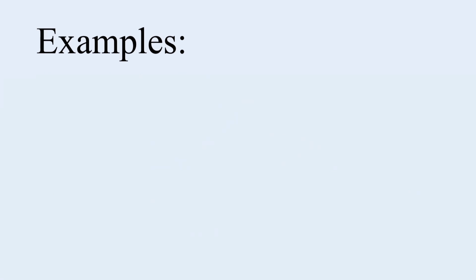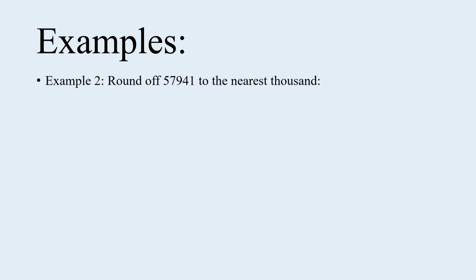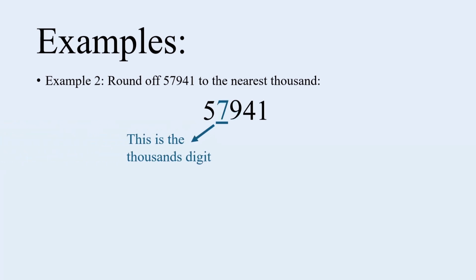For the second example, let's say we wanted to round off 57,941 to the nearest 1,000. Well, once again, let's really look at the number 57,941 very carefully. You will notice that the thousands digit is 7 as shown, which means the digit right next to 7 is 9, which is the hundredths digit, again as shown.